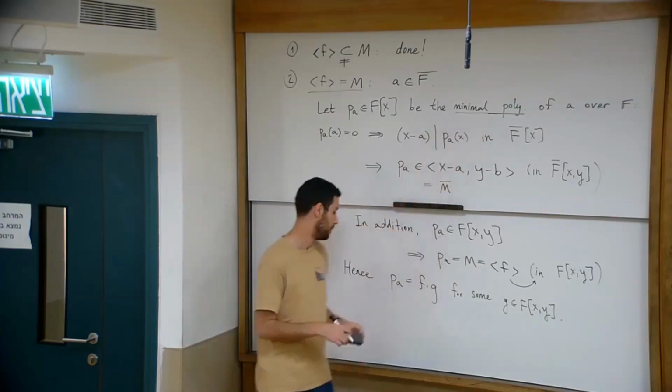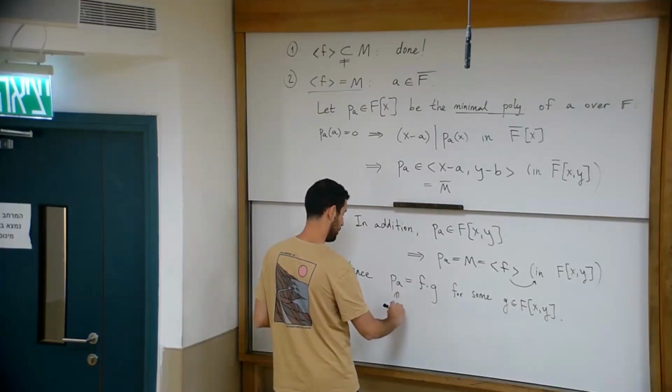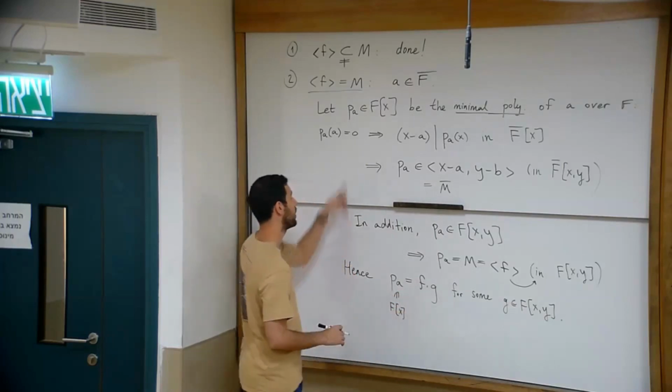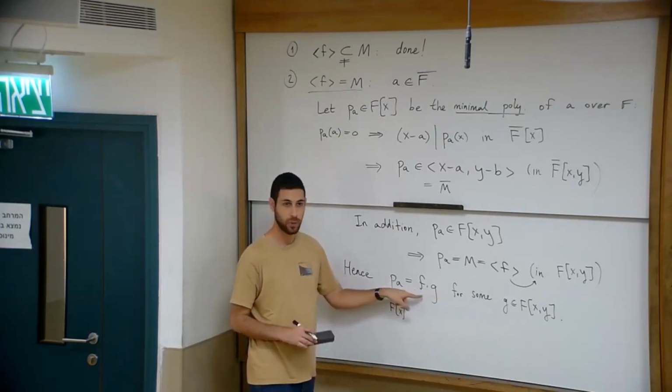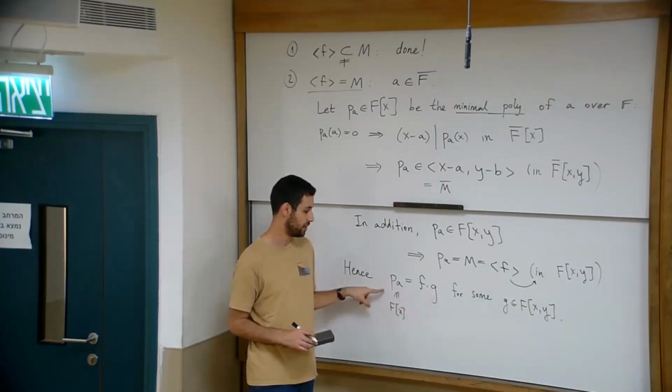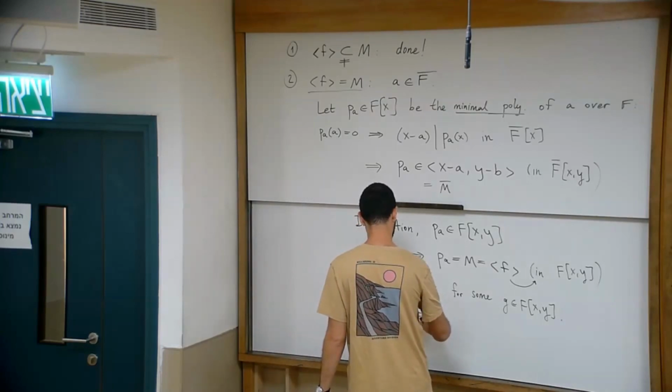But now, let me remind you that the minimal polynomial, one can show that it is an irreducible polynomial. Maybe before that, P of A belongs to F x, right? And these two belong to F xy, but if the product is in F x, then both must be in F x as well, right?